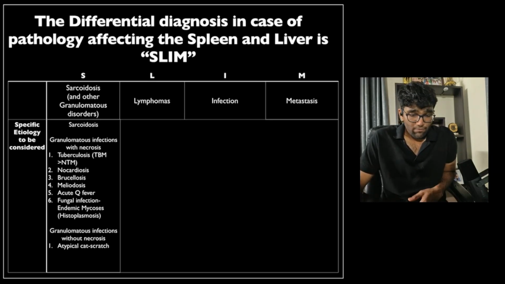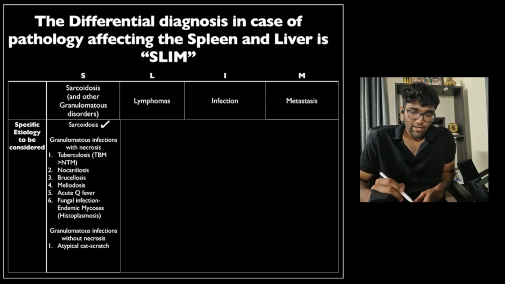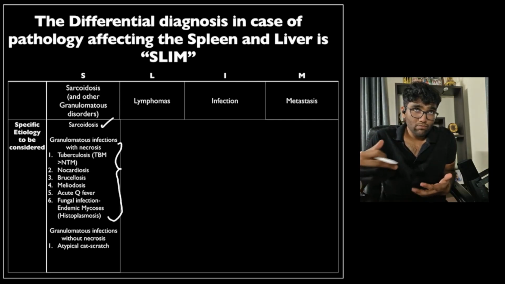In case of sarcoidosis, we need to think of sarcoidosis, and we need to think of other granulomatous infections. Now, these granulomatous infections are obviously likely to produce necrotizing granulomata, and that necrosis is often describable, at least imaging wise.